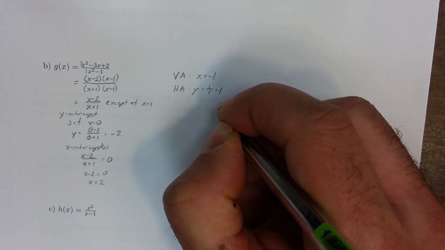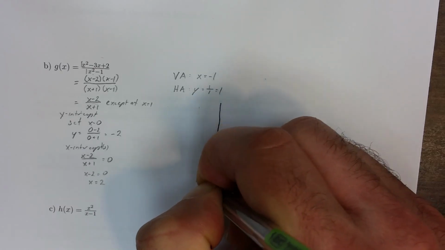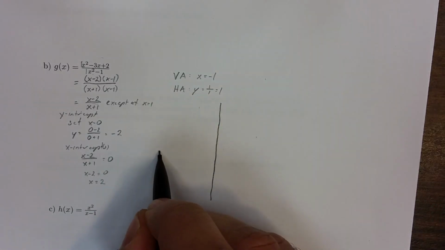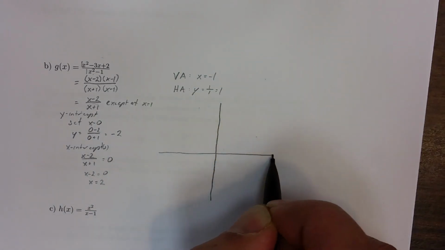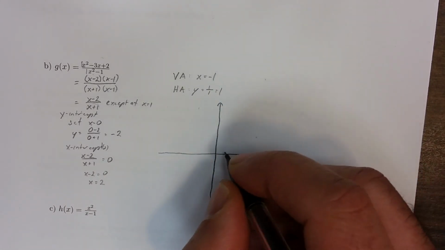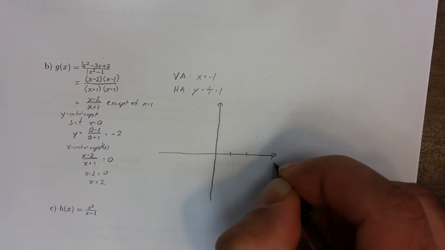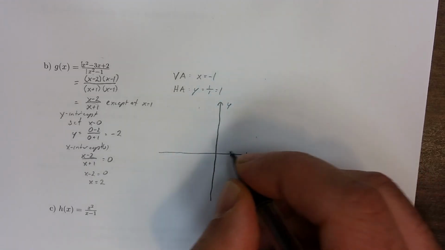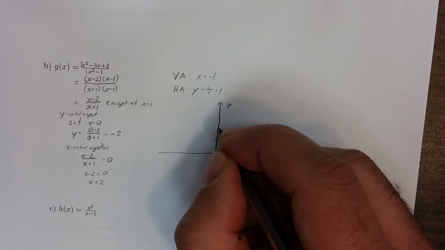So let me draw in some axes. We'll label our axes x, y. We'll put a scale on our axes.